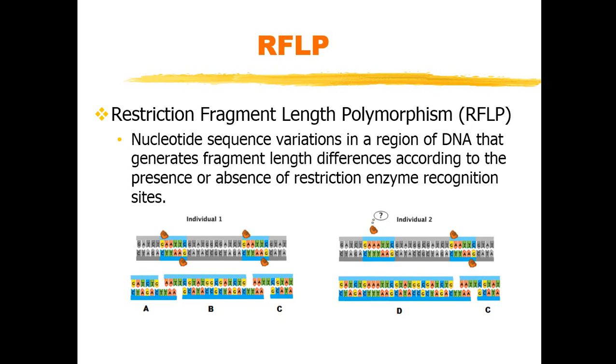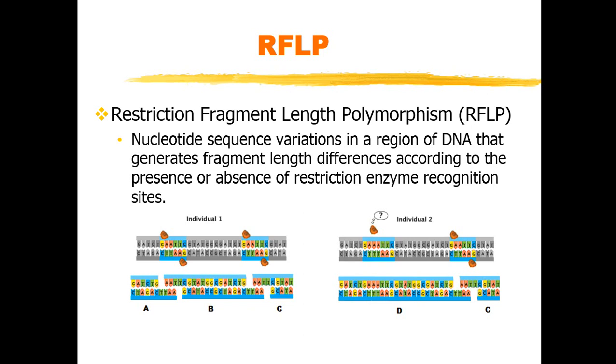RFLP, restriction fragment length polymorphism. It is the nucleotide sequence variation in regions of the DNA that generates differences in the length of the fragments according to the presence or absence of a restriction site. Now see, this is individual 1 and this one is individual 2. Here there is a restriction site present in individual 1 and here is another restriction site.